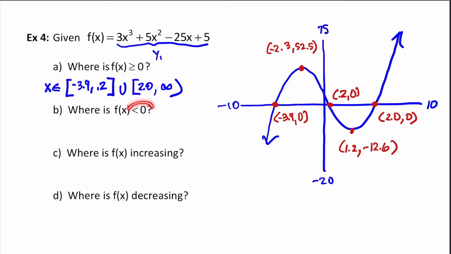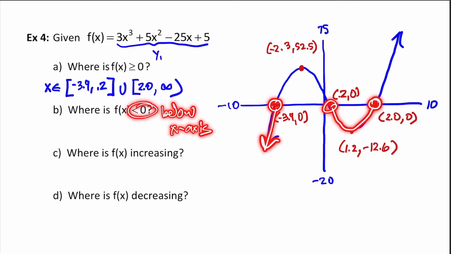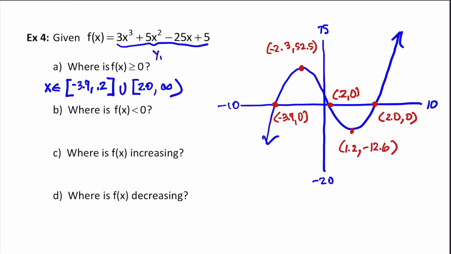Okay, next one, where is it less than 0? That means below the x-axis. So this is below here, and all of that is below there. So I need to represent these two intervals. Okay, x is an element of parentheses, negative infinity. Remember, you always write the lesser of the two first.